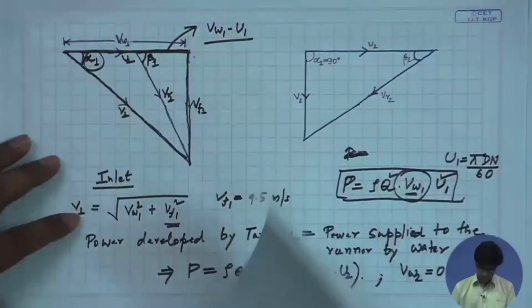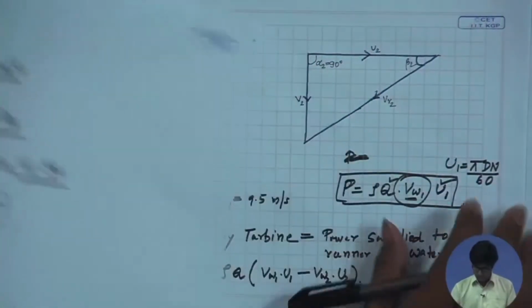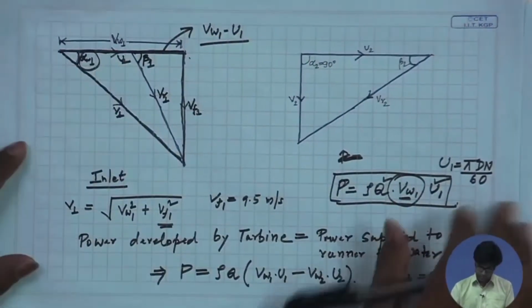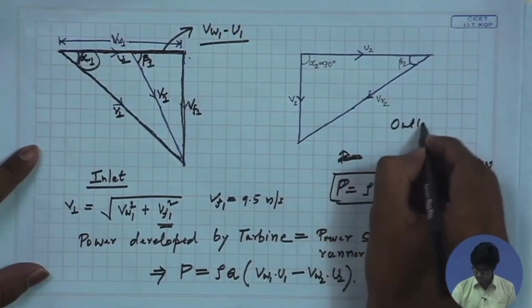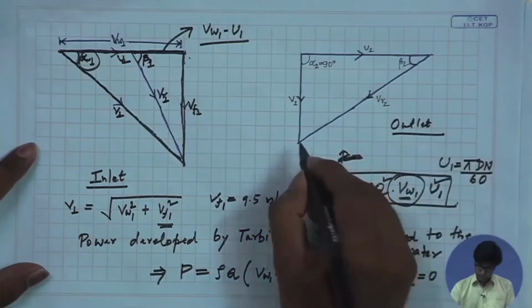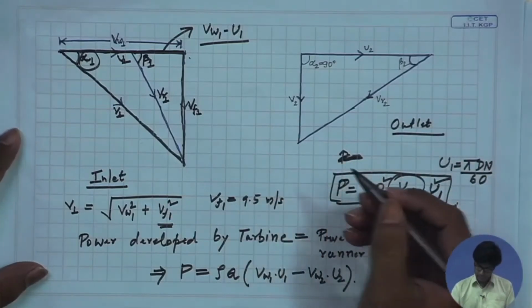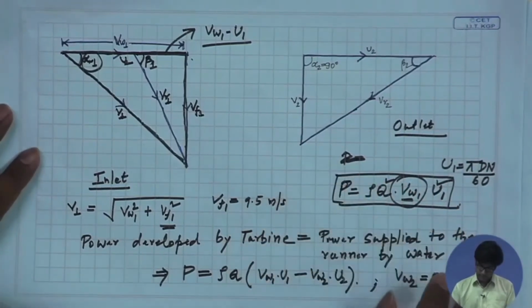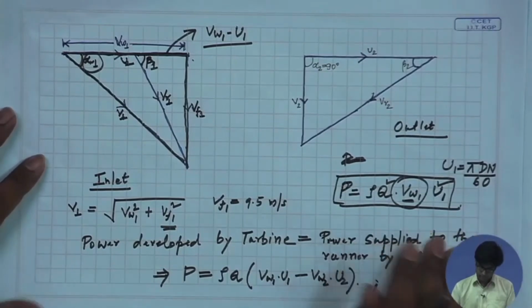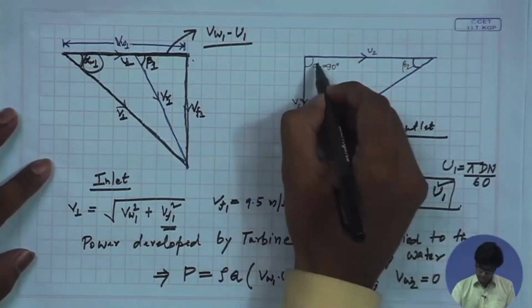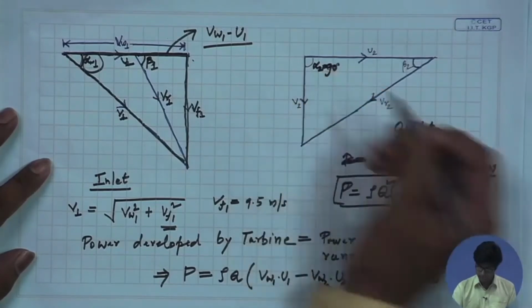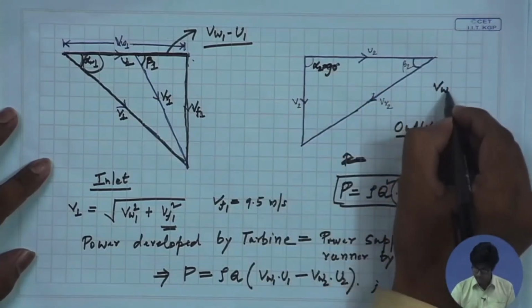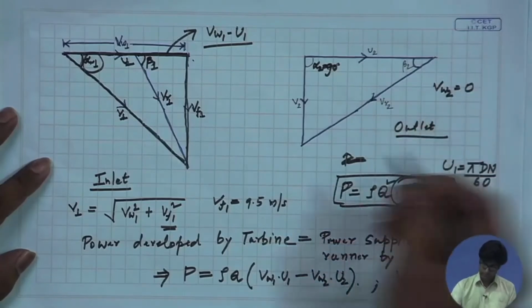So, right now, let me return to the outlet velocity diagram. Since we are told that the water exits the runner radially, the guide vane angle at the outlet is 90 degree and VW2 is equal to 0.